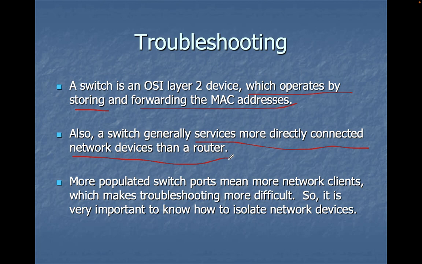All of these, the switch deals with directly. The router deals with the switch; it's not dealing directly with network devices. It's only dealing with the switch and acting as the gateway to other LANs, local area networks, or wide area networks.